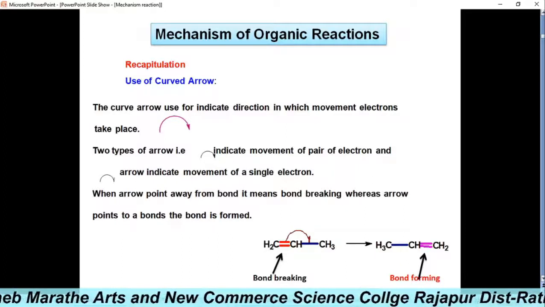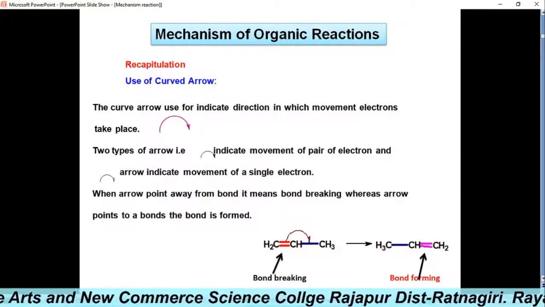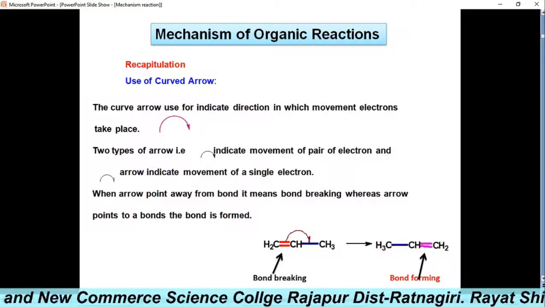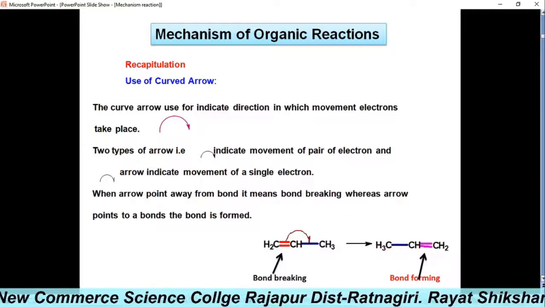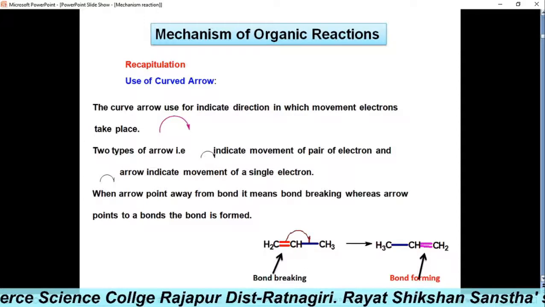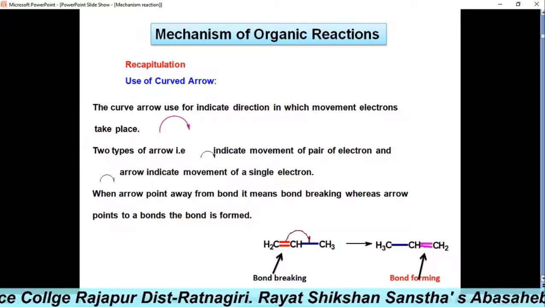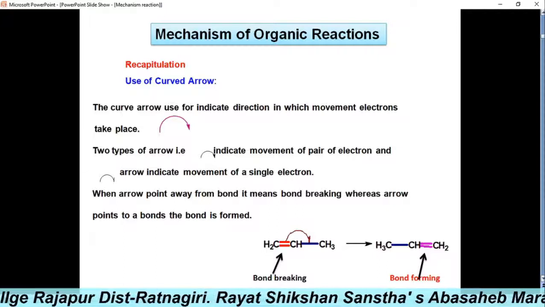Use of curve arrow. The curve arrows are used to represent electronic shifts between bonds and atoms during bond breaking and making in an organic reaction.